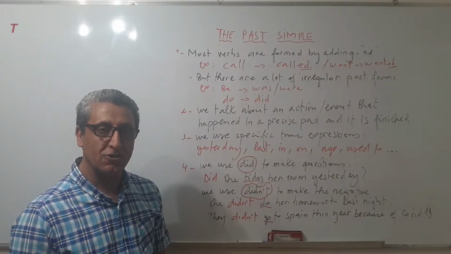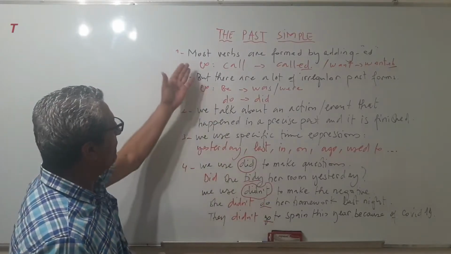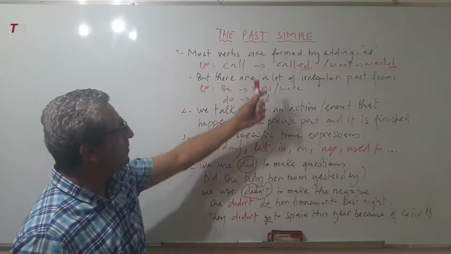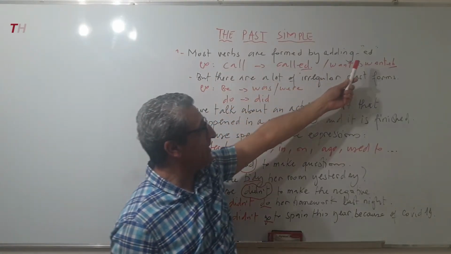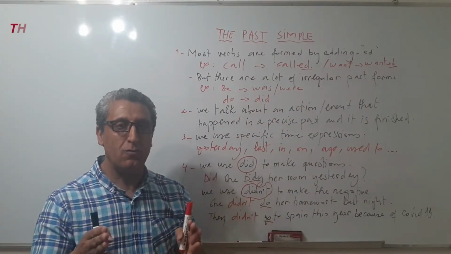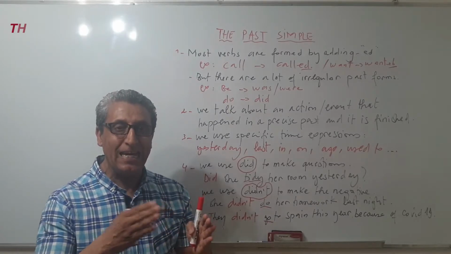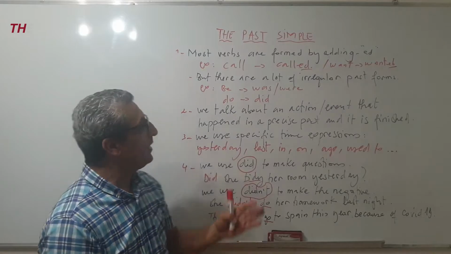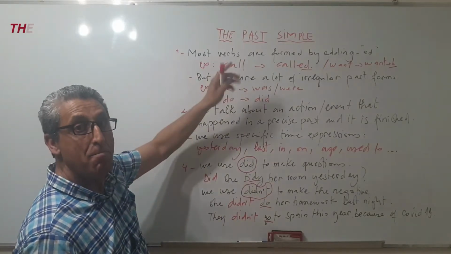So let's get started. The first point is most verbs are formed by adding ed, okay? So in the past simple, you take any verb and you add ed to the verb and you get the past simple, okay? That's why here we have most.